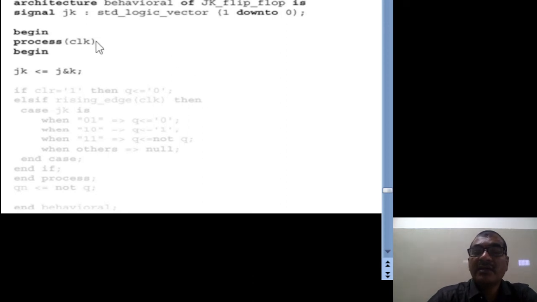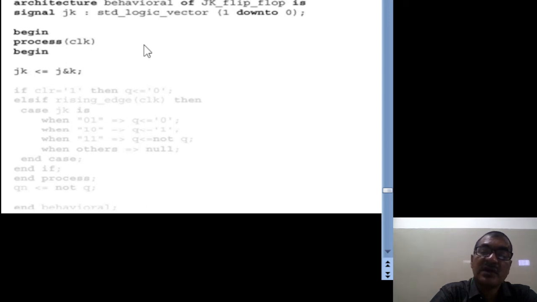Here one declaration is taken as JK, its name is signal JK, std_logic_vector of 1 down to 0. For JK, one signal is declared as an array consisting of two locations, JK of 1 and JK of 0. So on declaration here, then begin, after begin process of clock signal.